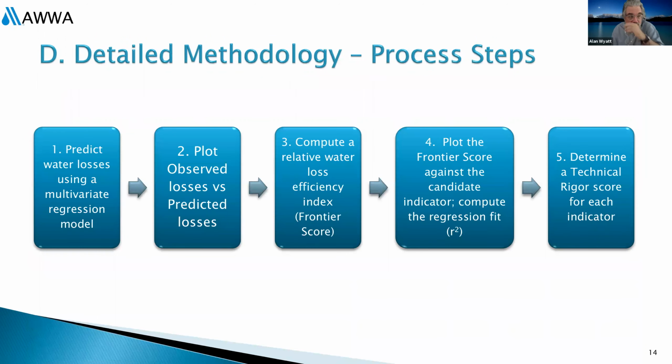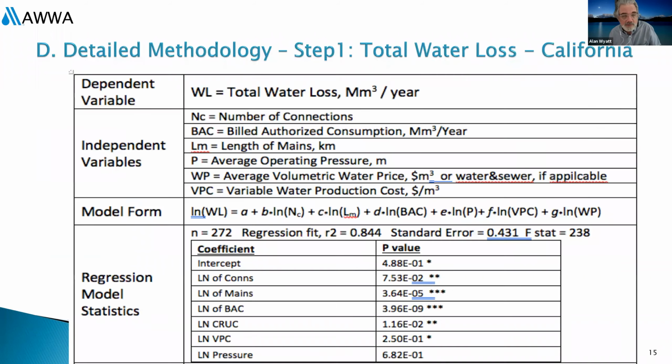Now this is the methodology for taking that general information on frontier analysis that I presented before to an operational process. And there's 5 steps. I'm going to go through each of them. So the first step is to take attributes of the utility and do a regression.